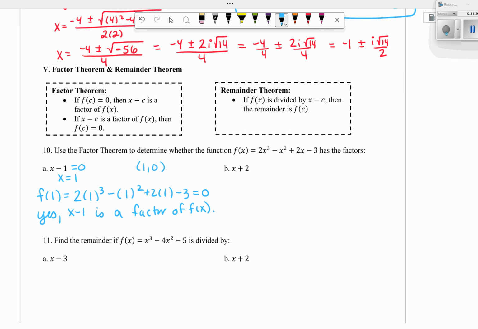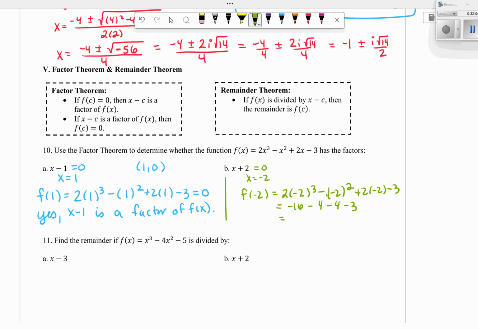Looking at the next one, if we do the 0, we get -2. So f of -2, if I plug that into my function, I would end up with -16 minus -2 squared is 4, minus 4 minus 3, which is obviously not going to give us 0.